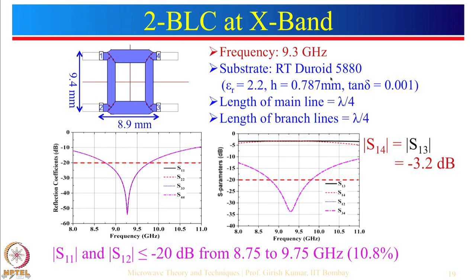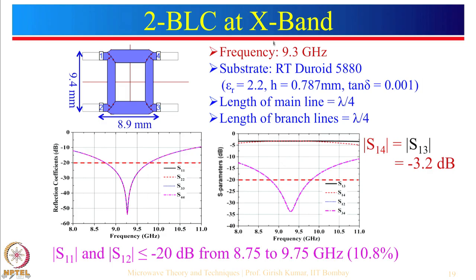So, here we have taken an expensive substrate, which has an epsilon r of 2.2, thickness 0.787 mm or close to 0.8 mm, which actually corresponds to 1 by 32 inches. Tan delta is relatively small, 0.001.